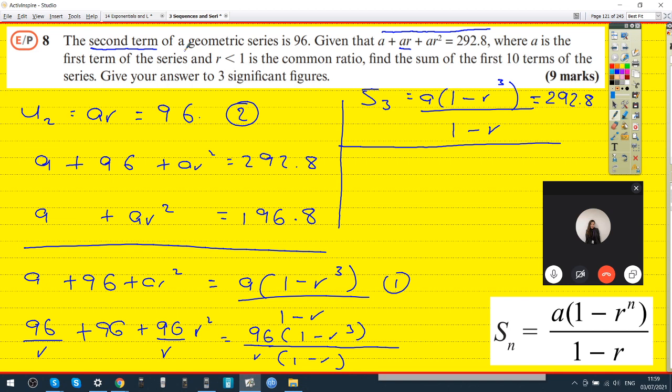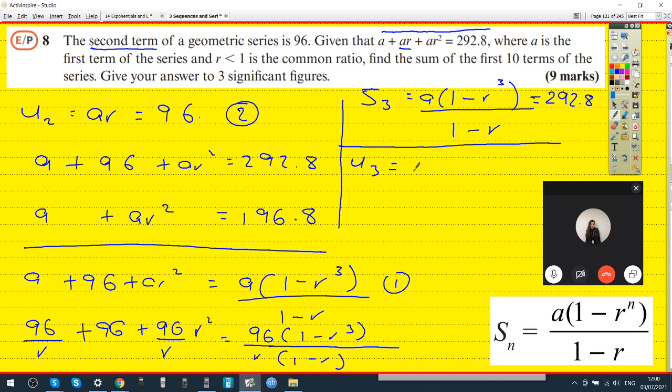Okay, the second term is 96, so AR is 96. The sum to three terms. The first term is A. I wonder if you do U3.